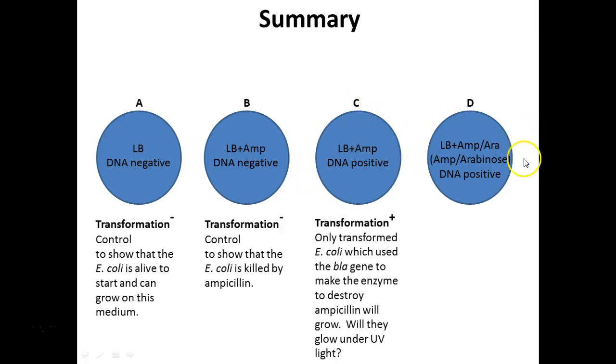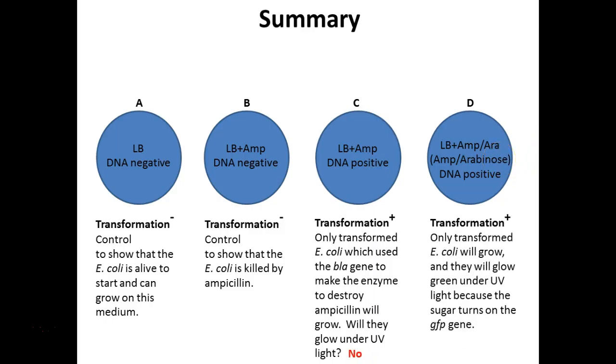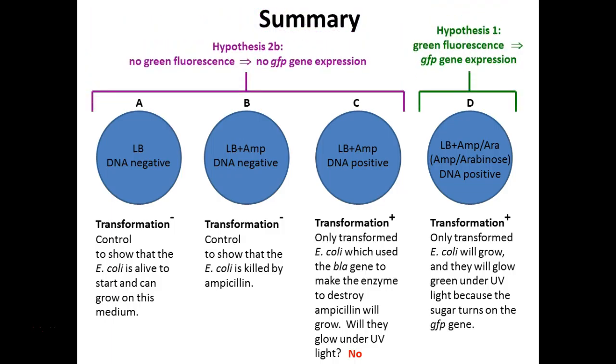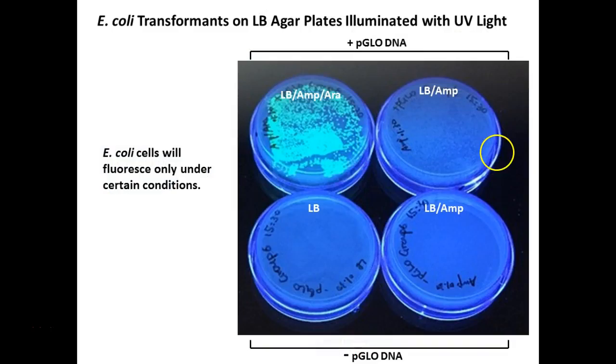Doesn't have the arabinose. This plate, on the other hand, has the arabinose, which will cause it to express the green fluorescent protein and actually make that protein fluoresce. So hopefully your plates, especially that one, will look like this next week.